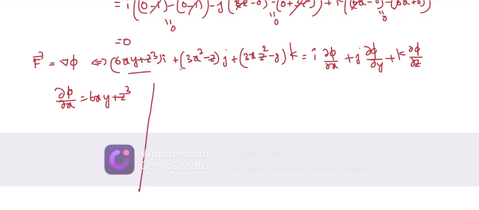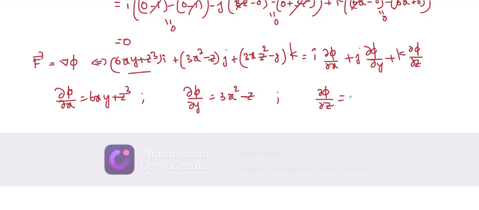And on equating the coefficient of j, we have dou phi by dou y, that is equal to 3x square minus z. On equating the coefficient of k, we have dou phi by dou z, which is equal to 3xz square minus y, right?